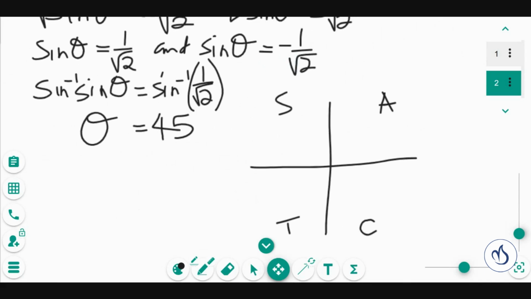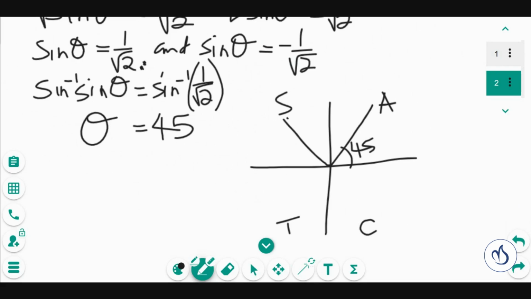I took the sine inverse of a positive, this first one was positive. So I'm going to represent my angles where sine is positive, my 45. So this angle here is 45. Even in this quadrant also, the sine is positive, so the 45 falls there too.